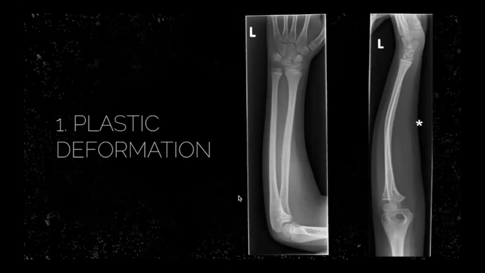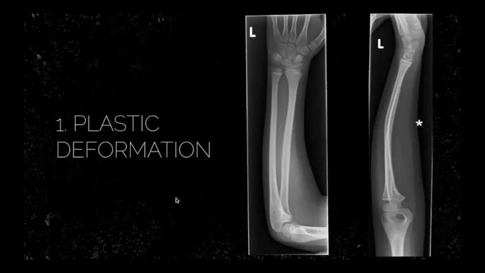Okay, so in this case, we have a good AP and also lateral view of the radius and ulna. If we just have one view, like the AP view, it is quite misleading. I would probably call this normal. But if we compare it with the lateral view, we can see that there is a bowing of both the radius and ulnar bone.